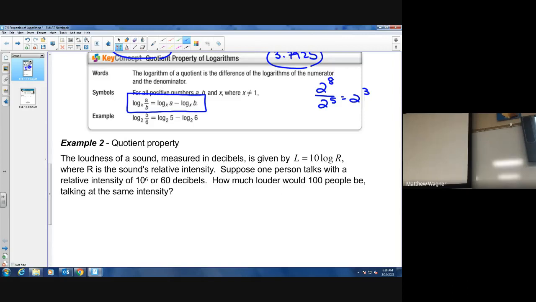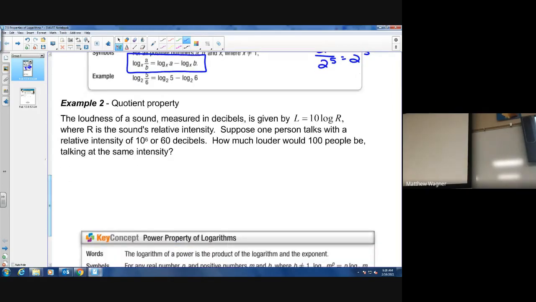All right. For this situation, we're going to use a slightly more real world application. We're in a room. The loudness of a person talking can be denoted by this equation, 10 log base 10 of R, where R is the sound's relative intensity. Suppose one person talks with a relative intensity of 10 to the 6th, or what's known as 60 decibels.